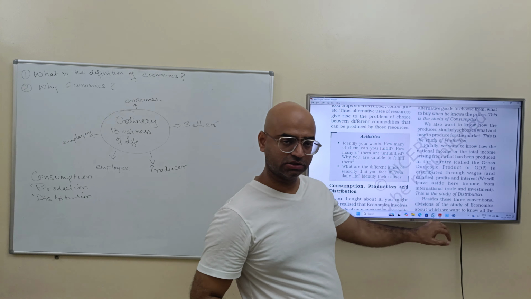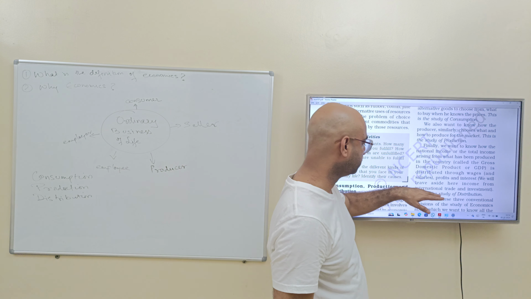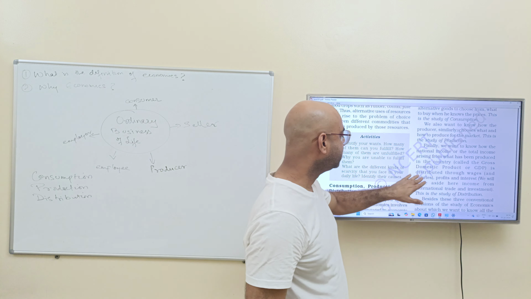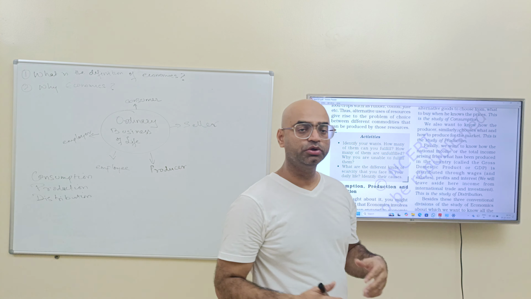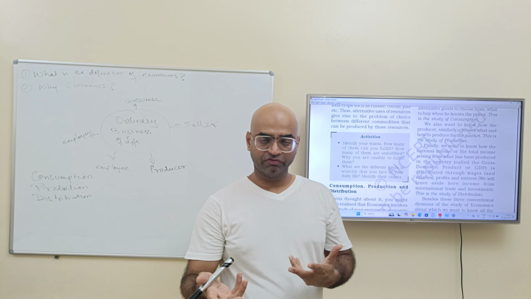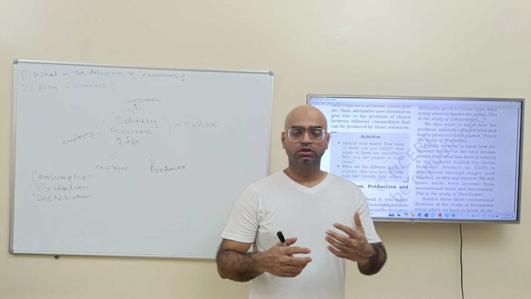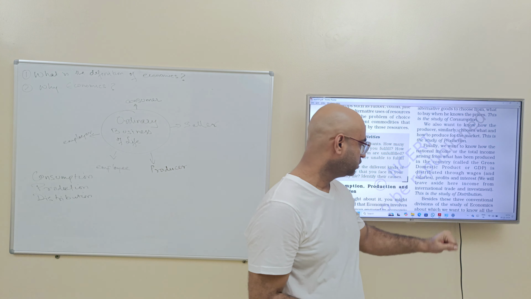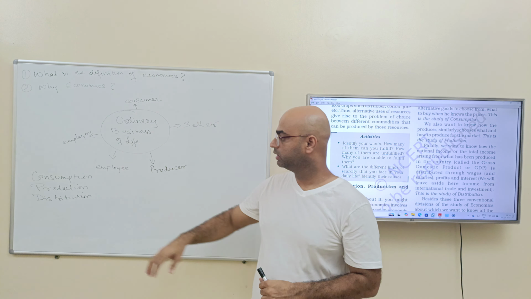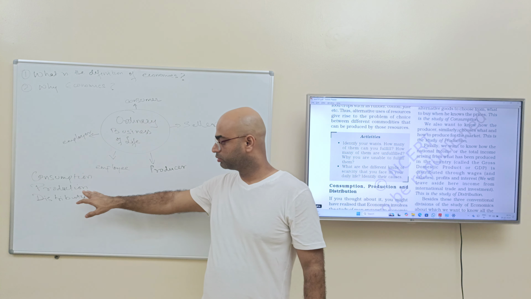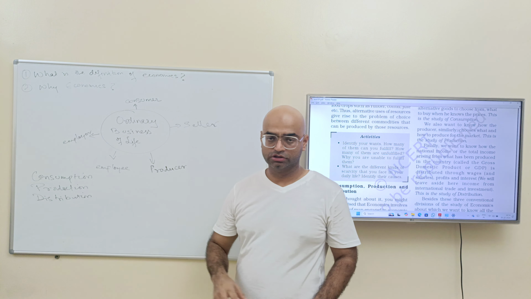To make it simple, they have removed international trade and investment, and this income is distributed through wages, salaries, profits and interest to different societies or people in the country. So these are the three subheadings: consumption, production and distribution.